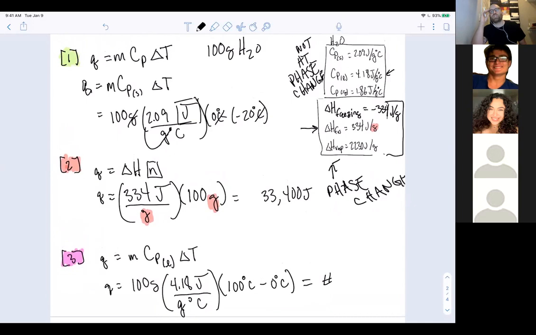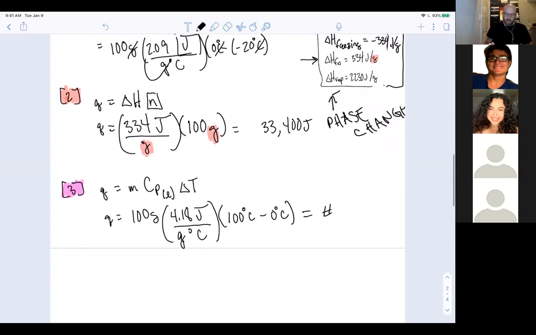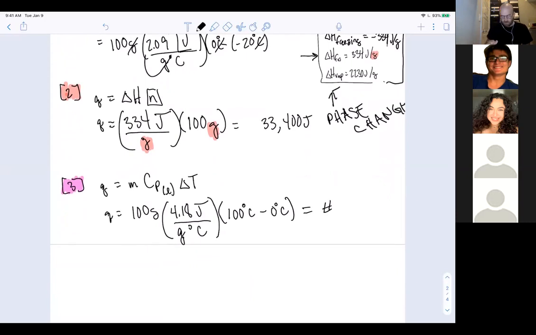The only thing that changes, of course, is that the heat capacity of liquid water is different, and also the range of temperature that you're liquid over is going to be different than the range of temperature that you're solid over. But you can see it's the same thing. So let's keep going.